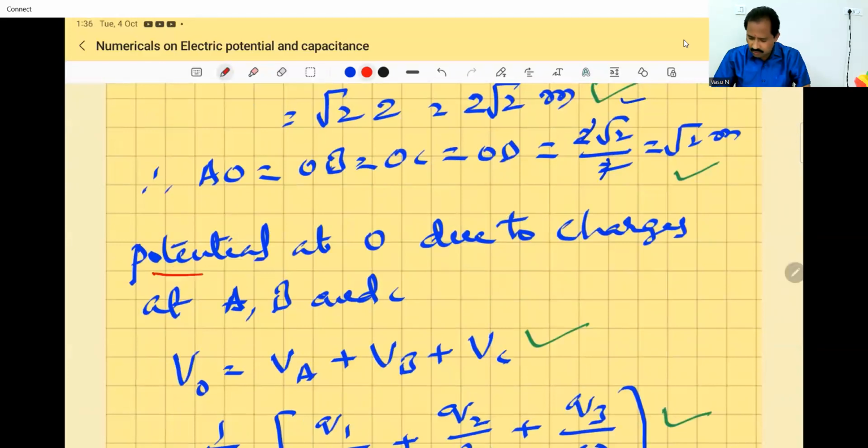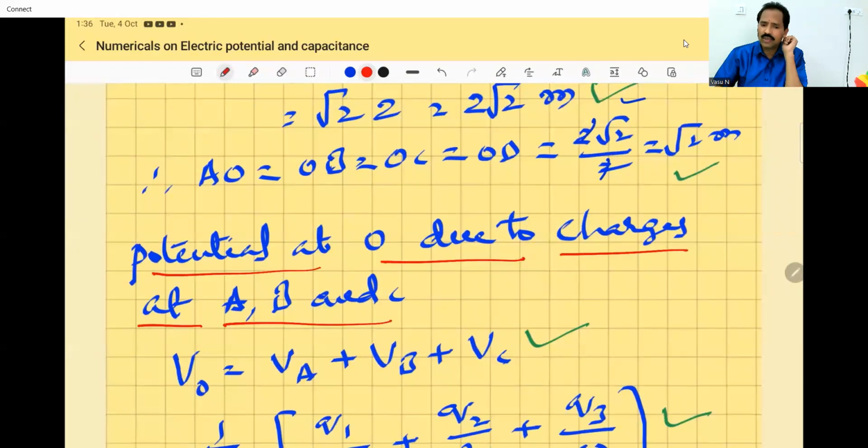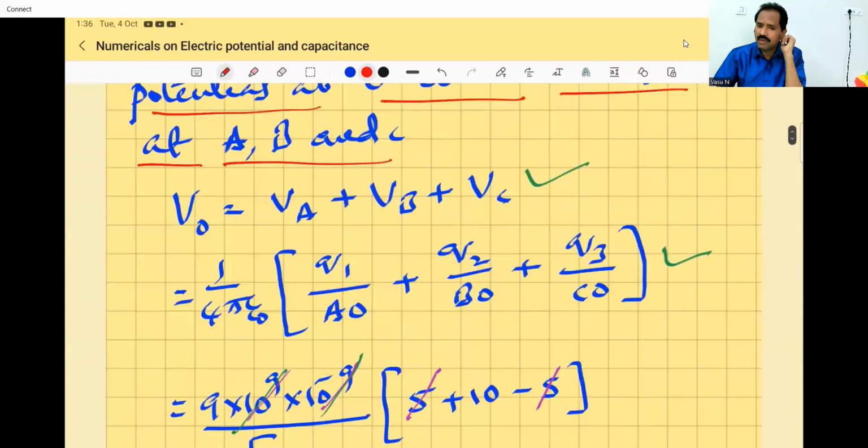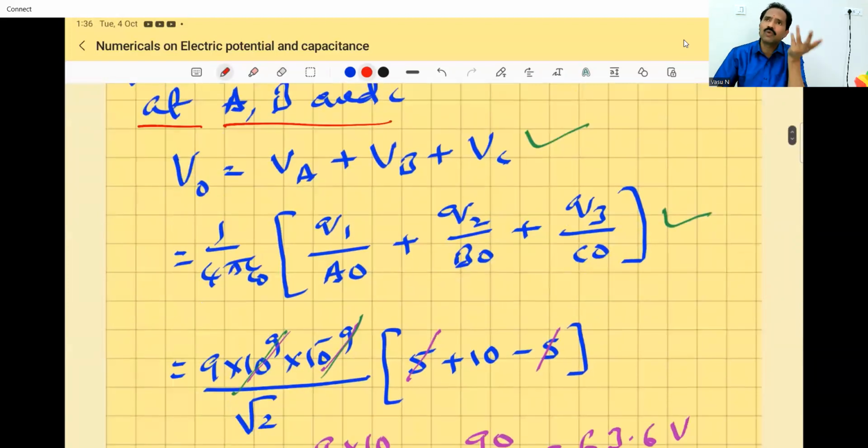Now let us find the potential at O due to the charges at A, B and C. VO is equal to VA plus VB plus VC. 3 potentials because 3 charges. Let's substitute the formula.